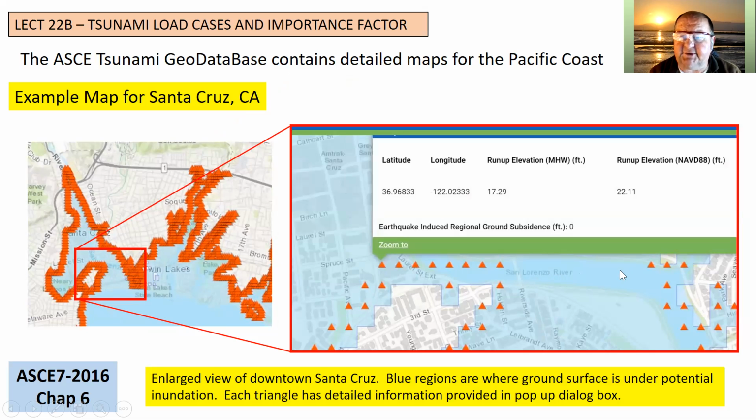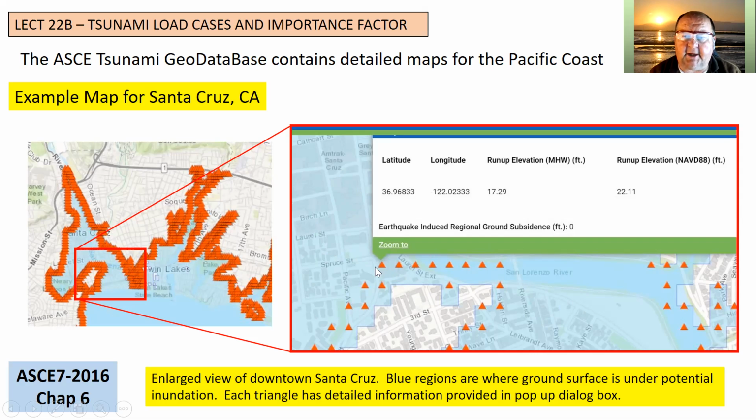Here's the San Lorenzo River, which runs down on the edge of downtown Santa Cruz. All this blue shaded area, much of the downtown region, is expected to be inundated in a major tsunami.